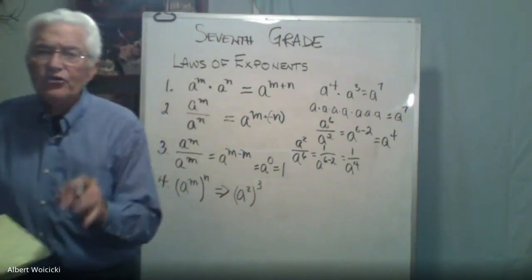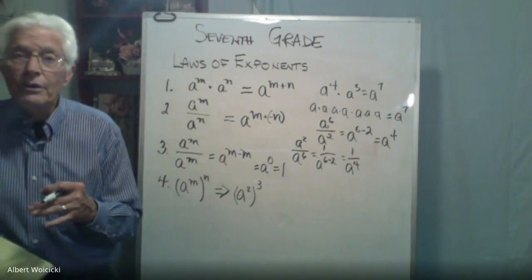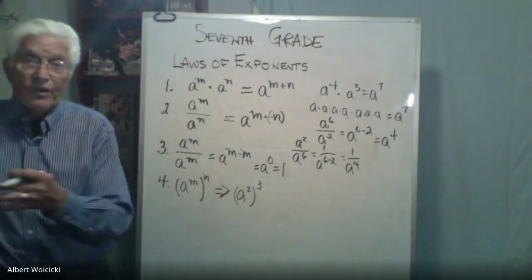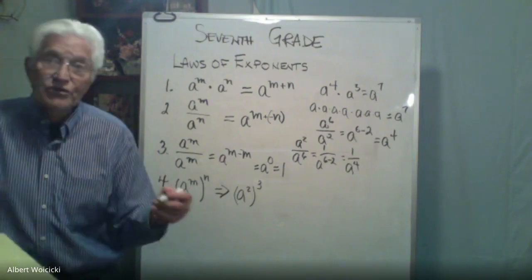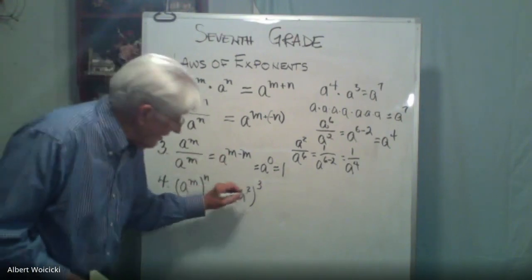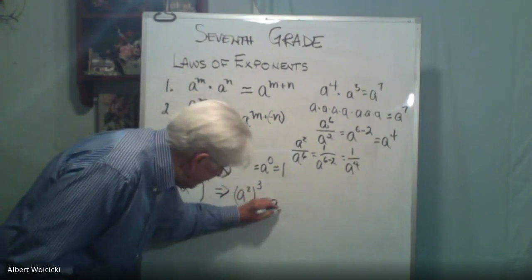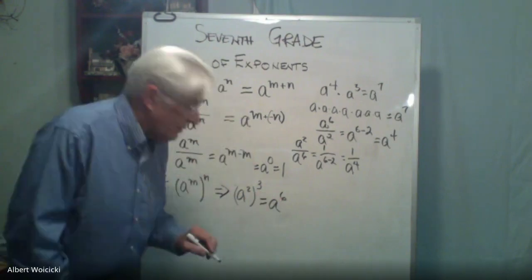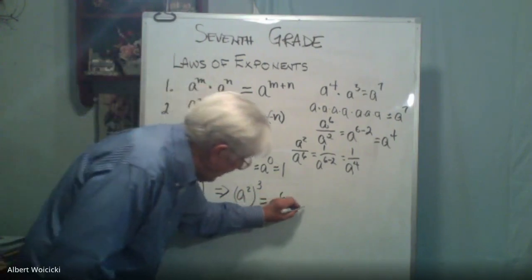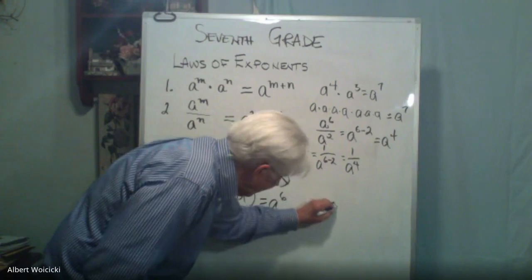I'm saying a squared used as a factor 3 times. A squared, a squared, a squared. 3 a squareds. Well, what's 3 times 2? It's 6, isn't it? So I just have to multiply these two numbers together, and I'm going to get a to the 6th. So this then becomes a to the m times n.